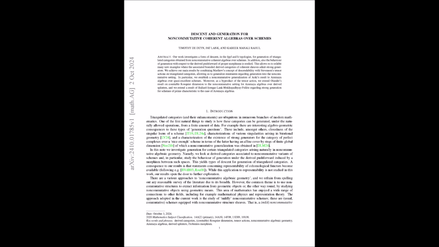We zoom in, study how those individual pieces behave, and then piece together the bigger picture. It's like having a map of a vast, uncharted territory. Generation gives us the key landmarks, while descent helps us navigate the network of paths connecting them. I like that analogy. It's all about seeing how the local and global fit together, how individual pieces contribute to the overall structure.